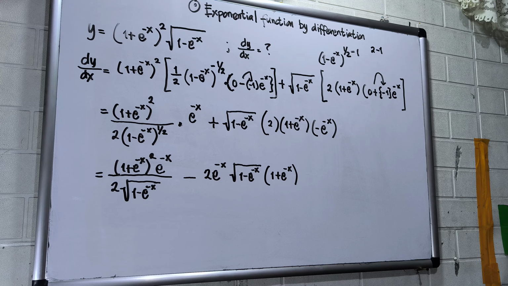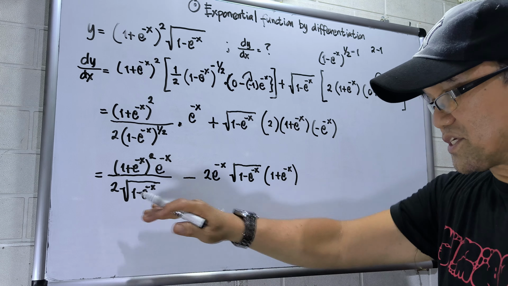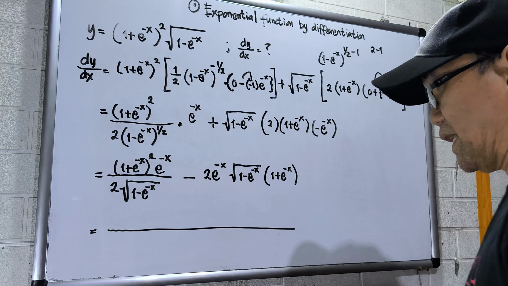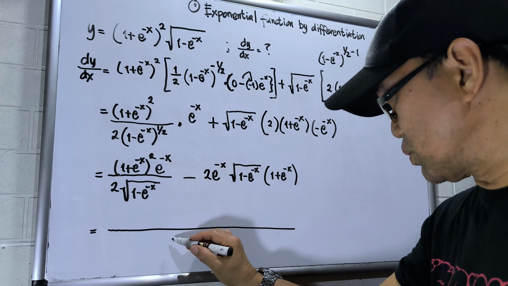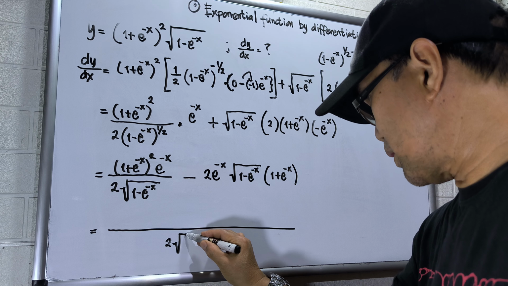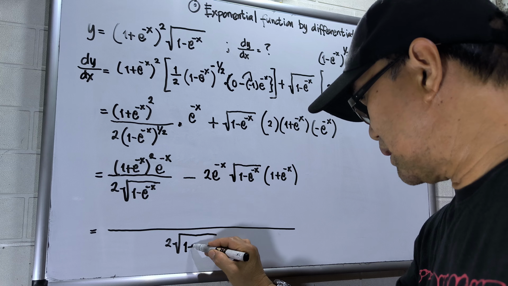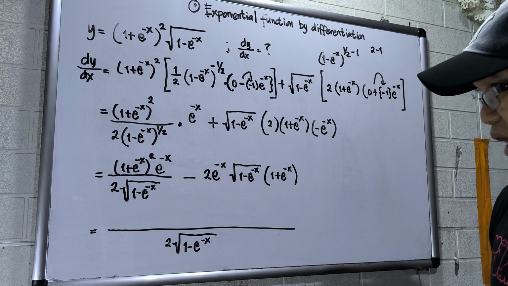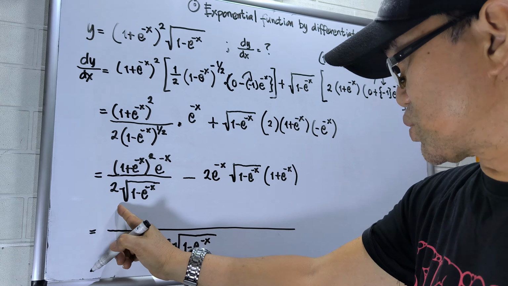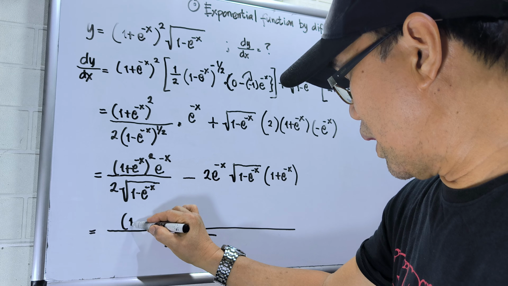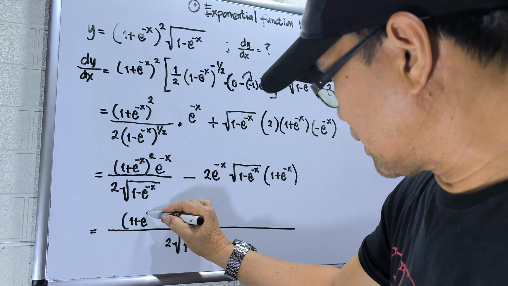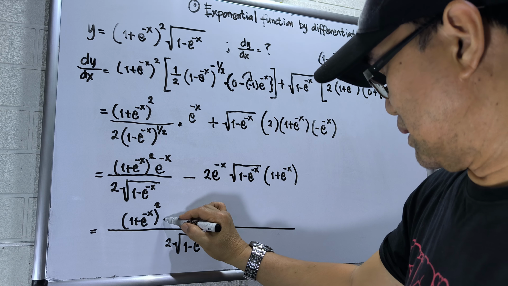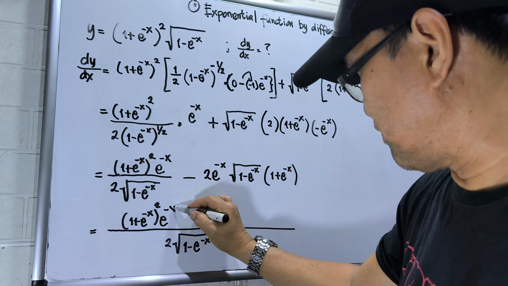Okay? Then I will apply algebra. So, the LCD. The LCD will be 2 times the square root of 1 minus e raised to the negative x. So the LCD divided by this one, I have now (1 plus e raised to the negative x) squared times e raised to the negative x.